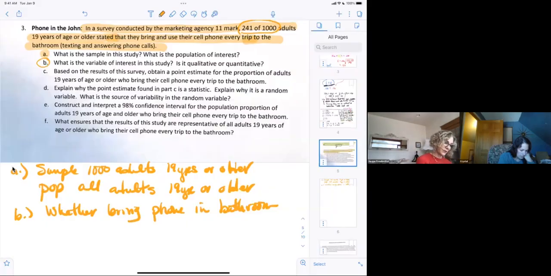So we all understand the problem without me taking time to write it down. So whether to bring the phone in the bathroom, this is qualitative, because it is either they're bringing the phone in or they're not. Nice work.